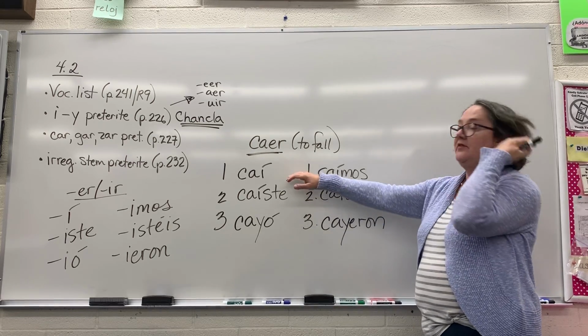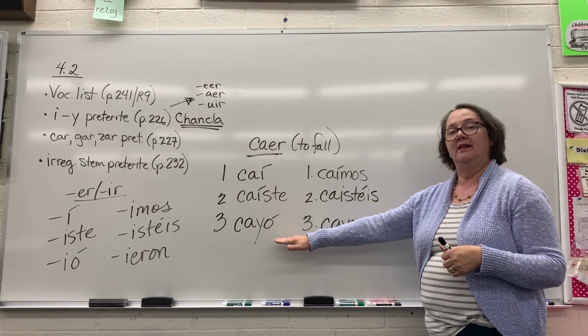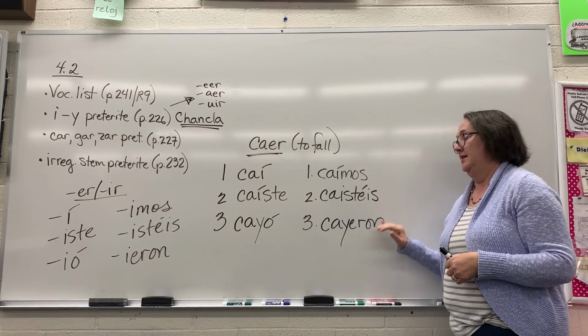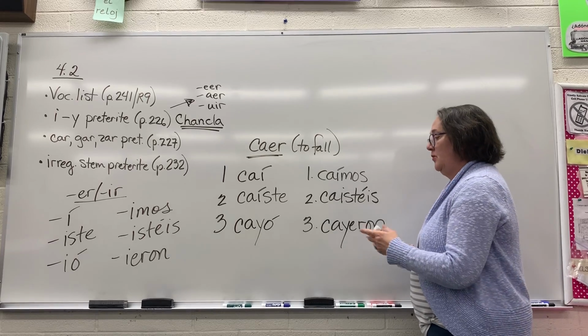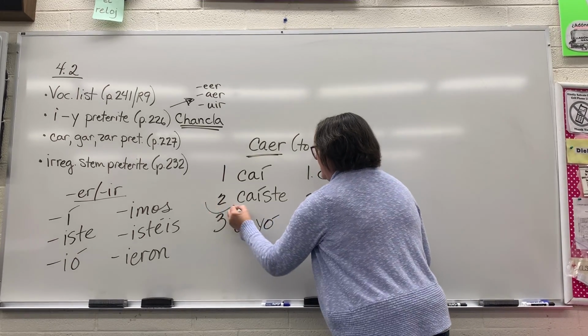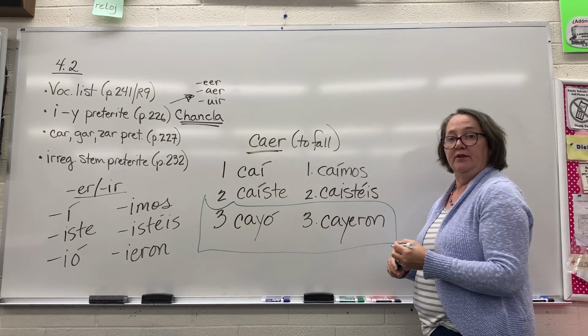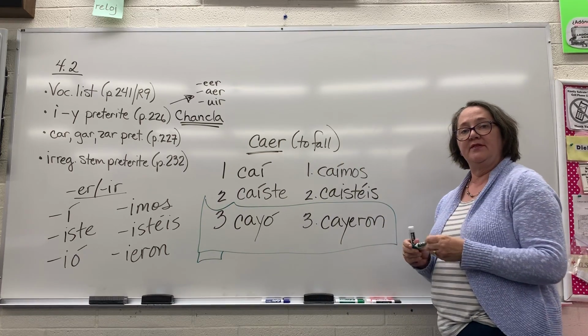All right, repeat after me, please, at home. Here we go. Caí, caíste, cayó, caímos, caísteis, cayeron. Okay, so when you're doing these verbs, we call them chancla verbs because if we put little lines around them, once again, it's not a bota anymore like you learned in Spanish 1, but now we call him a little chancla because he's kind of a sandal.